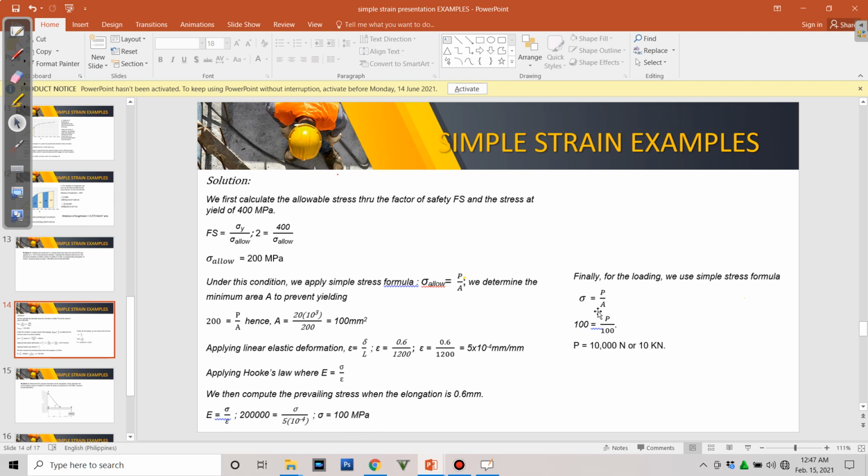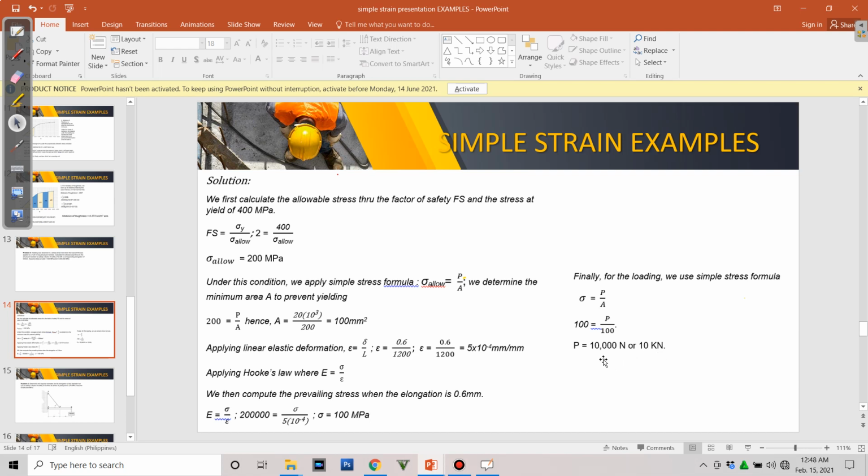And then from your prevailing stress, what is the allowed loading? So we now use the simple stress formula and then substitute all the given. We have obtained already the area. So 100 by 100, or simply your P is 10,000 Newton or 10 kilonewton.